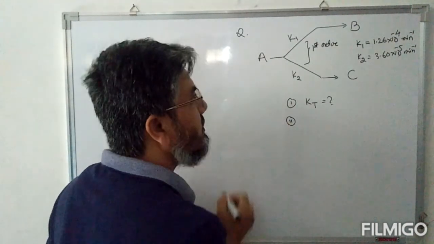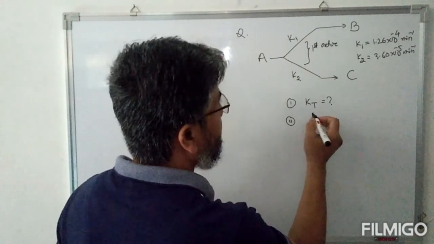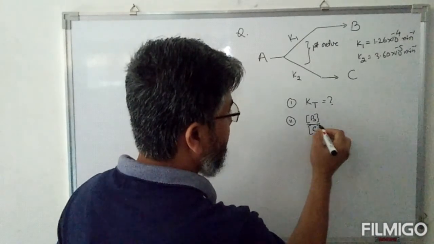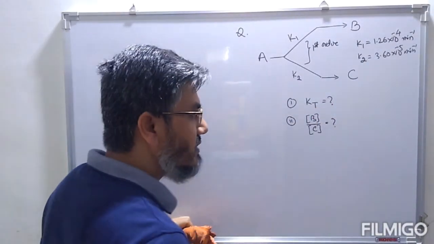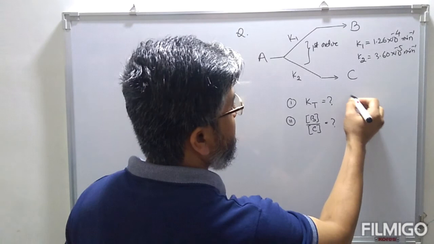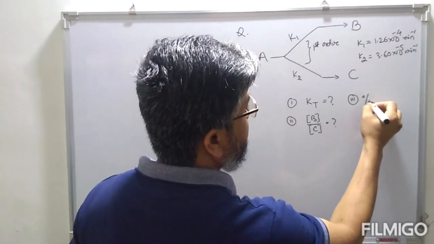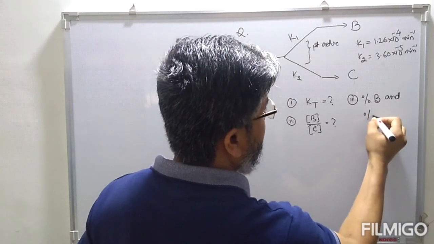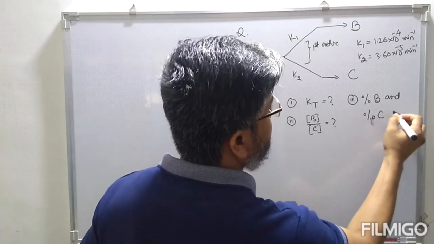Second question says, find the product ratio of B and C at any given instant. And the third question says, find the percentage of product B and product C formed.